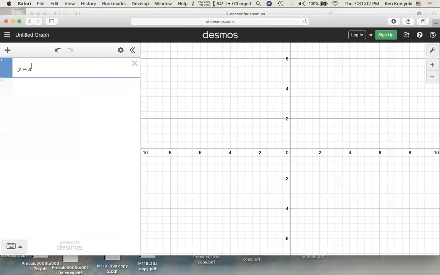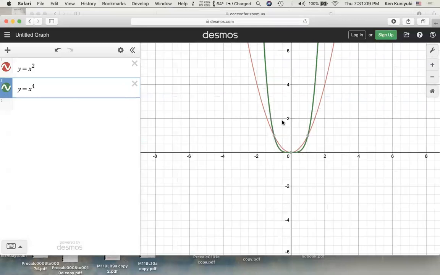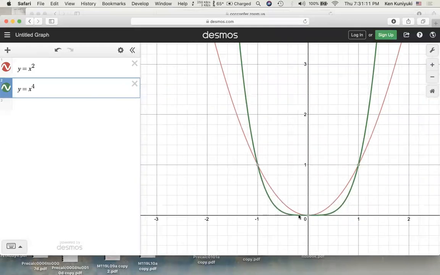Okay, so here's y equals x squared. Here's y equals x to the fourth. The graph in green, y equals x to the fourth, is flatter near the origin, and it meets the red graph at the origin. But outside of 1 and -1, the green graph's higher and steeper.